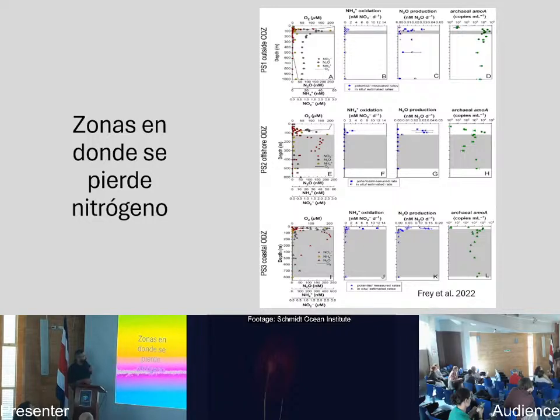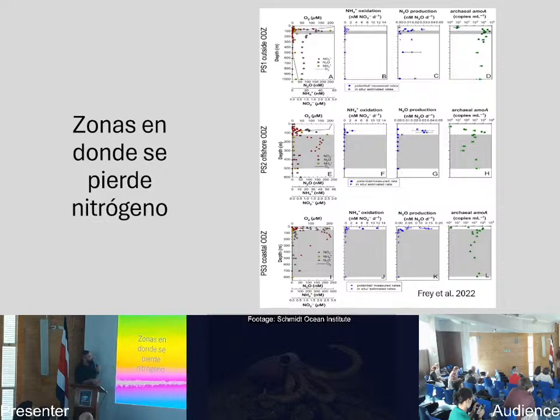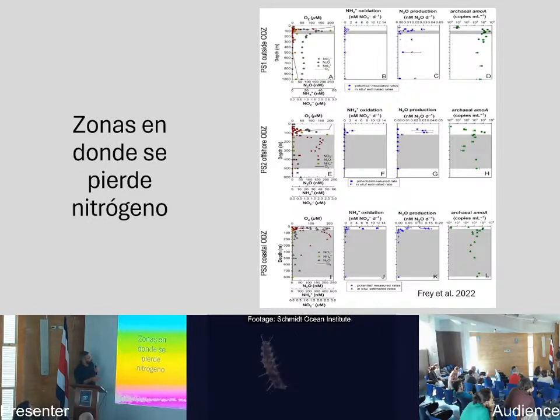And what I show you here is that we have the minimum zone in front of Costa Rica here. That's really depleted of oxygen below 2,000 meters. I'm not really sure. And then we have the oxygen depleted here, but we have depleted also in ammonium, and we have an increase in NO2 and nitrous oxide.